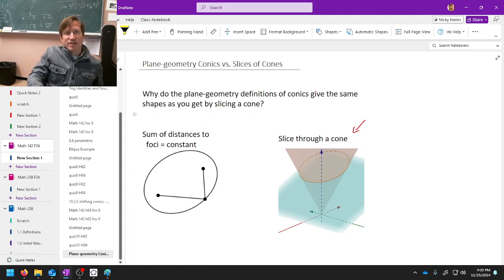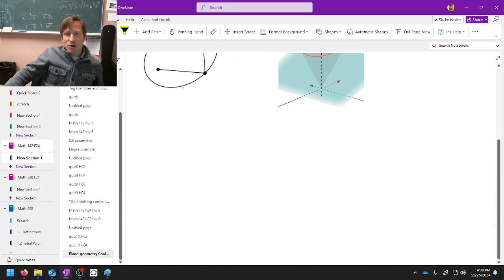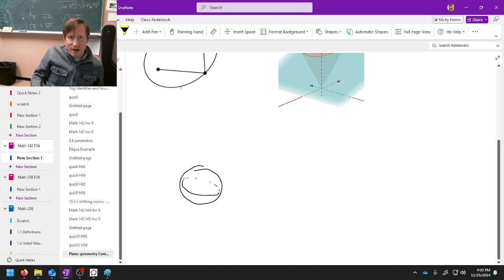To get things started, there's one kind of setup fact that we need, which is this. If you have a sphere, so here's a sphere, and a point not on the sphere, out here, and you look at all of the line segments tangent to the sphere, like this line segment, this line segment, this line segment, so these are all tangent to the sphere.